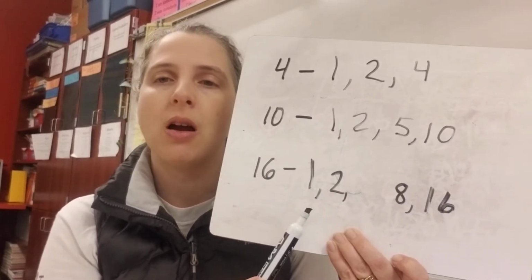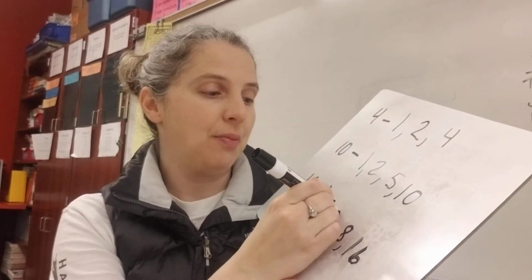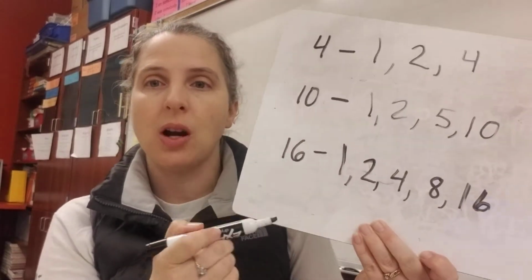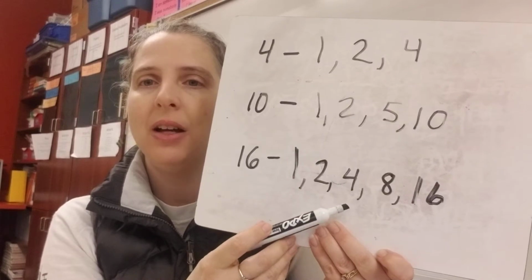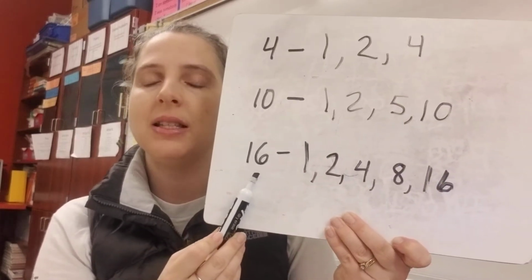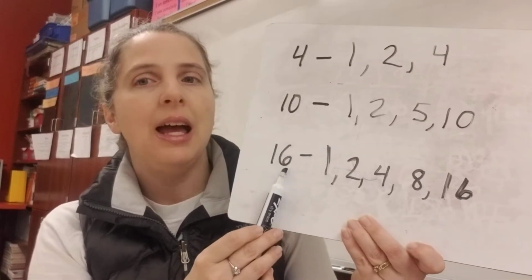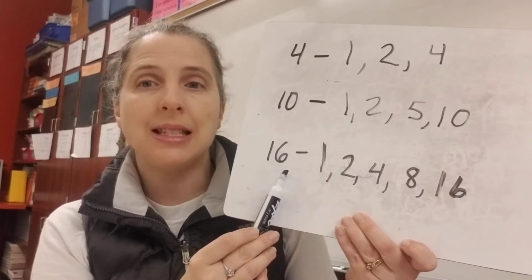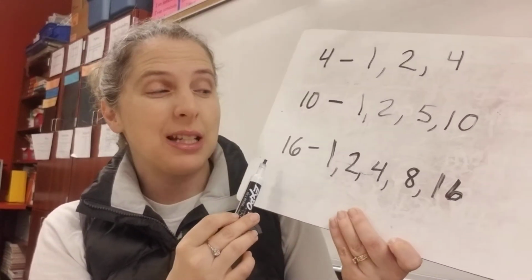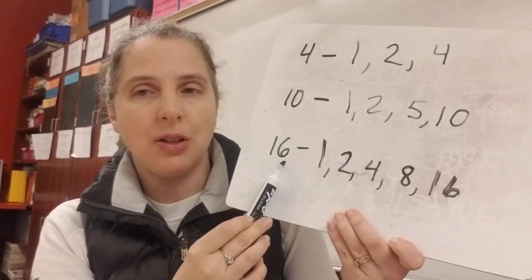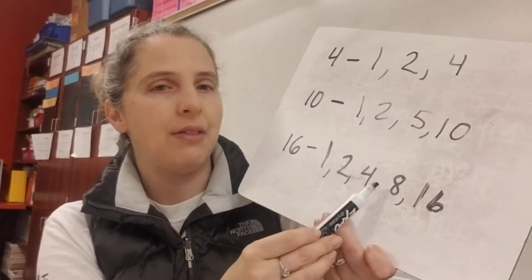What about 4? 4 times 4 is 16. What about 5? I know it doesn't go in here because in order for 5 to be a factor, it has to end in 5 or 0. What about 6? I know 6 times 3 is 18, so it can't be 16. It won't go that close. 7?